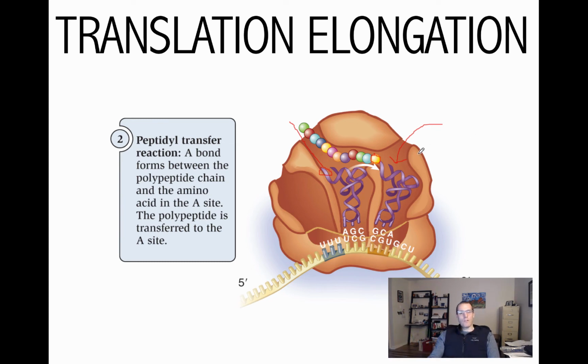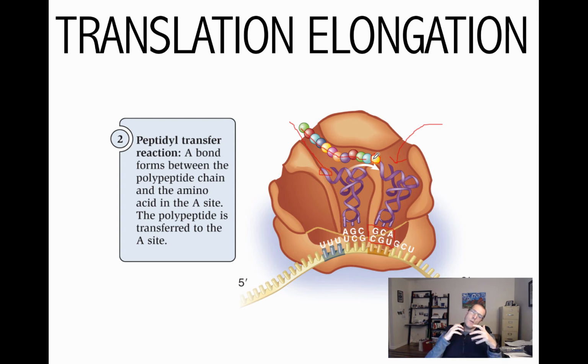And then, as soon as they come in and the right one is docked in place based on the complementarity between the codon and the anticodon, the ribosome transfers the chain of amino acids, which was just now attached to the tRNA in the P site, onto the incoming amino acid.